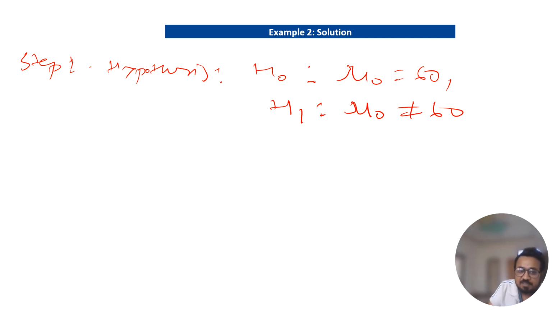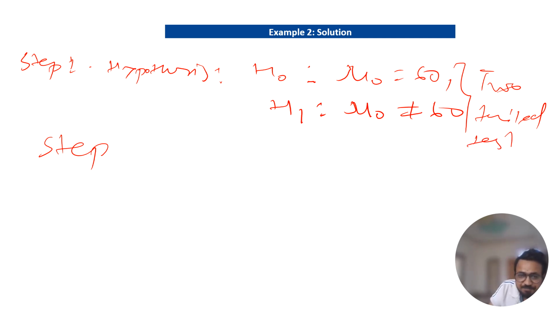Because we know that the alternative hypothesis and null hypothesis complement each other. Then in step 2, this is a two-tail test. Why? Because the alternative hypothesis has an unequal condition. Two-tail test, right?